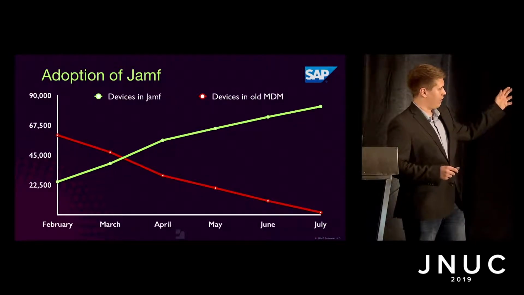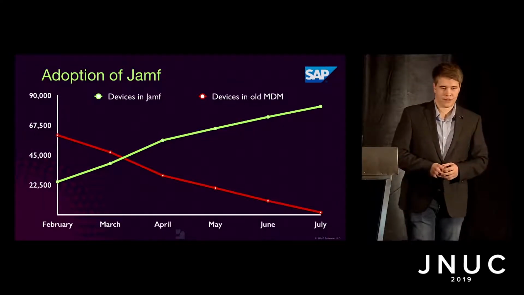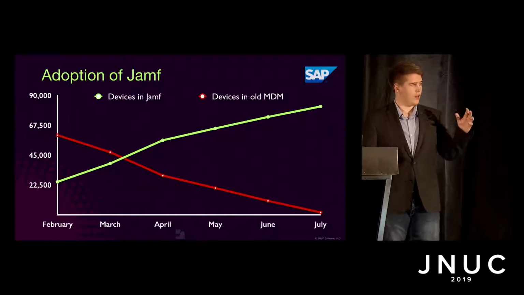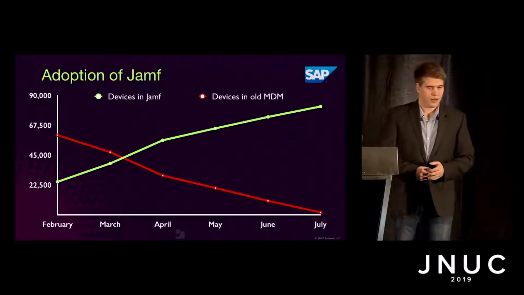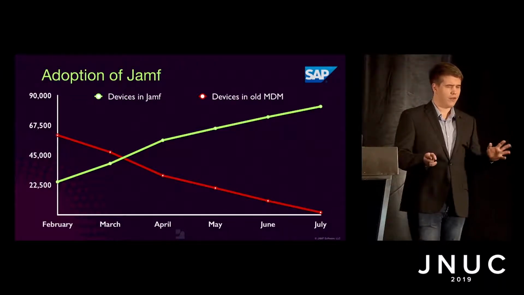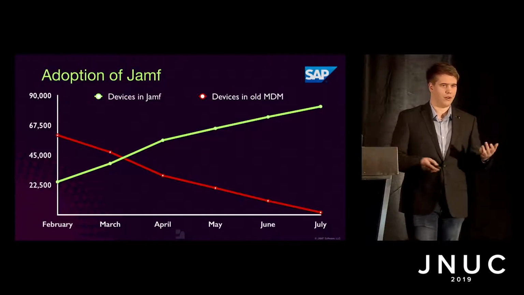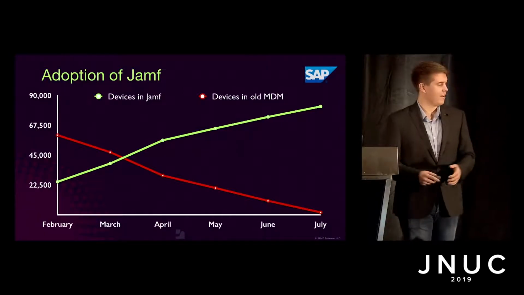And then all of that was completely done by the end of July. At that point, we reached 100% coverage from Jamf Pro for our mobile fleet. There were a few devices left in our old system that were just lost in a drawer somewhere. No one ever found them.